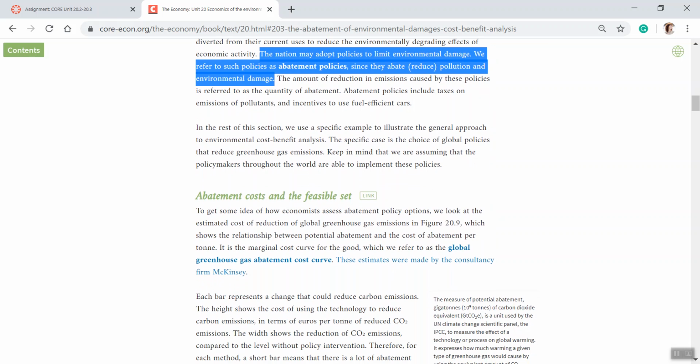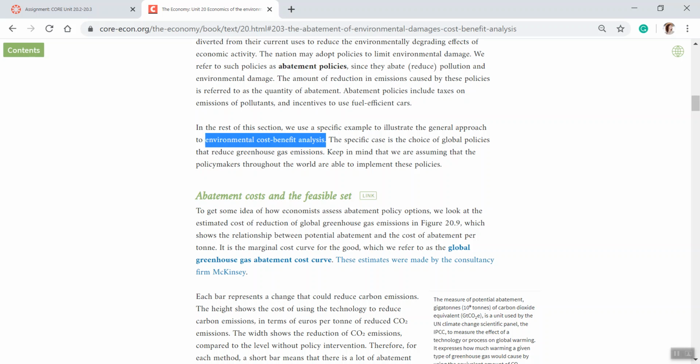We can take a look at something called the abatement cost and feasibility set. What we're going to be looking at in this unit is really the cost-benefit analysis of the environment and ways to help protect it. So what's the economic cost? What's the environmental benefit?